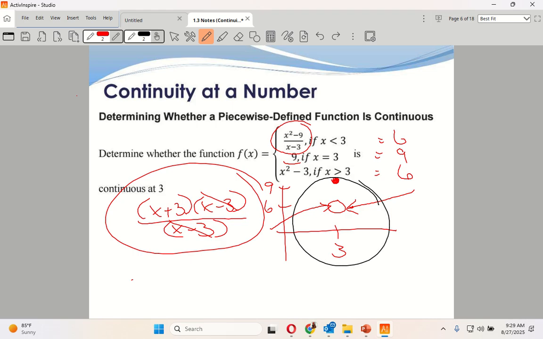For the limit to exist, you need your left side and right side to go to the same number, right? Okay. So the limit exists, but it doesn't mean it's continuous. Does that make sense? Just like all thumbs are fingers, but not all fingers are thumbs.